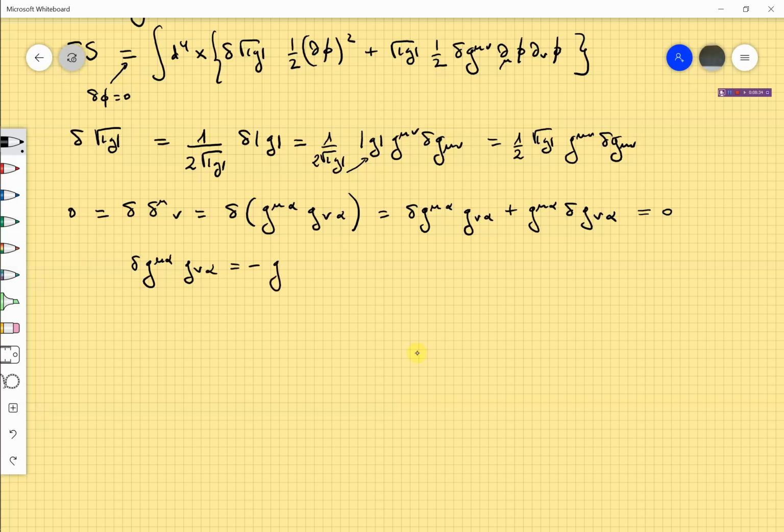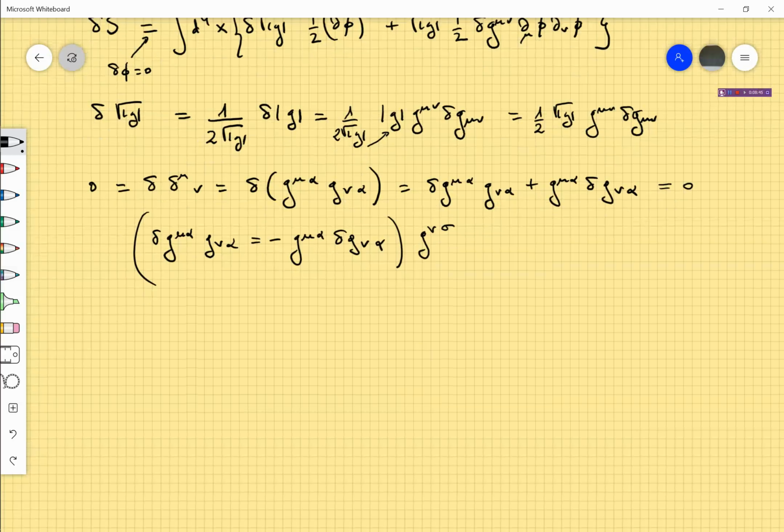And this is equal to 0, so delta g^{mu alpha} g_{nu alpha} is equal to minus g^{mu alpha} delta g_{nu alpha}, and we can multiply this whole equation by g^{nu sigma}, for instance, and we get delta g^{mu sigma} equal to minus g^{mu alpha} delta g_{alpha nu} g^{nu sigma}, just to keep the order.